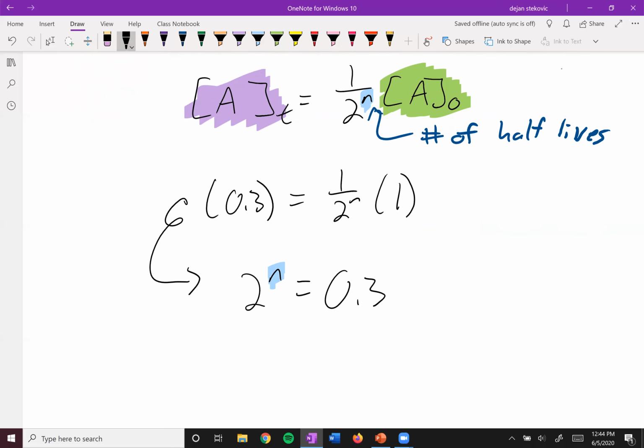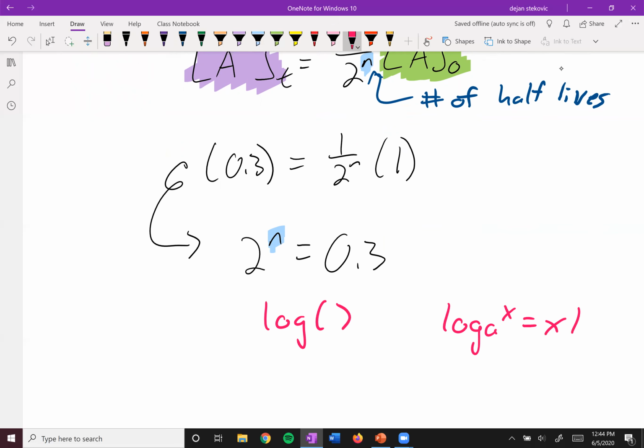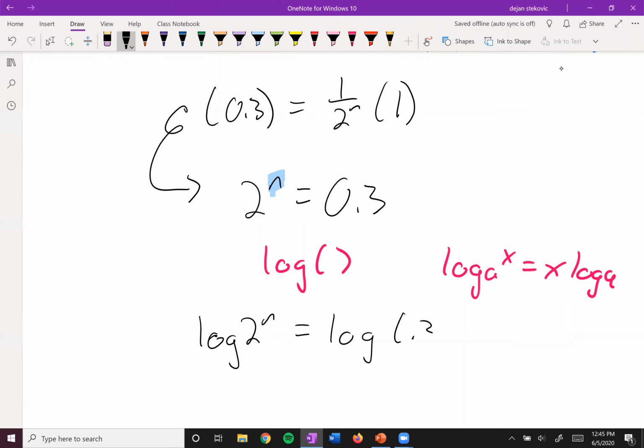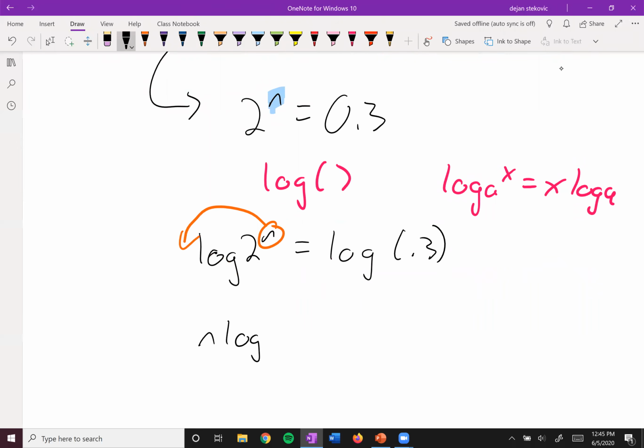Think back to earlier in the chapter, how are we going to do this? We're going to take the log of both sides, because remember, the log of a to the x is equal to x log a. That's how we're going to solve for n. So we get the log of 2 to the n is equal to the log of 0.3. We can pull this n out front, and so we get n log 2 is equal to log of 0.3.